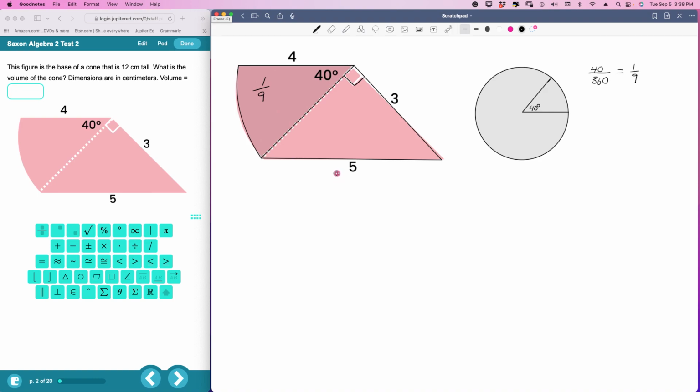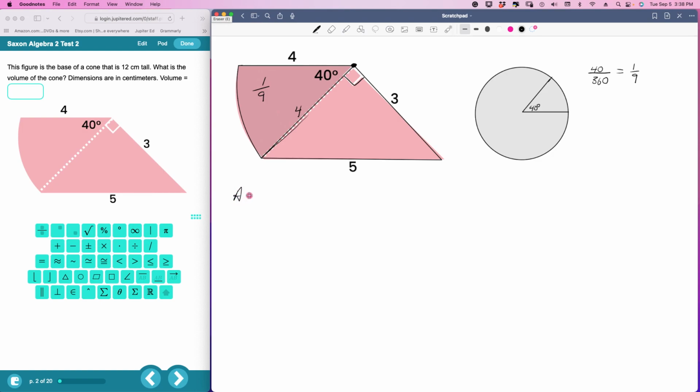One of the things I know about a circle is that this is a radius. If this is a sector, this is a radius, and this is a radius. So this dimension and this dimension are going to be the same. Now I have a triangle with sides 3 and 4 in length, so I can find its area.